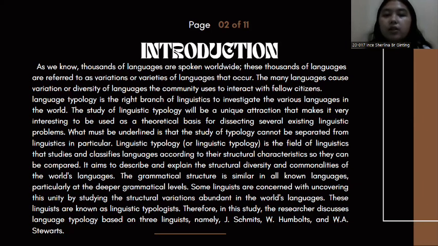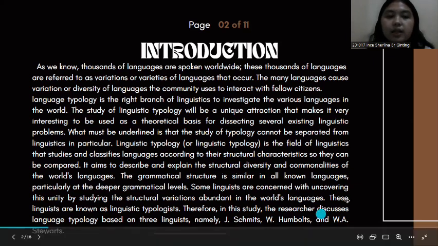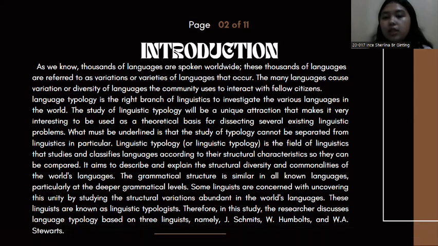Some linguists are concerned with uncovering this unity by studying the structural variation abundant in the world's languages. These studies are known as linguistic typologies. Therefore, in this study, the researcher discusses language typology based on three languages, namely Ginting, W. Humboldt, and W. Stewart.